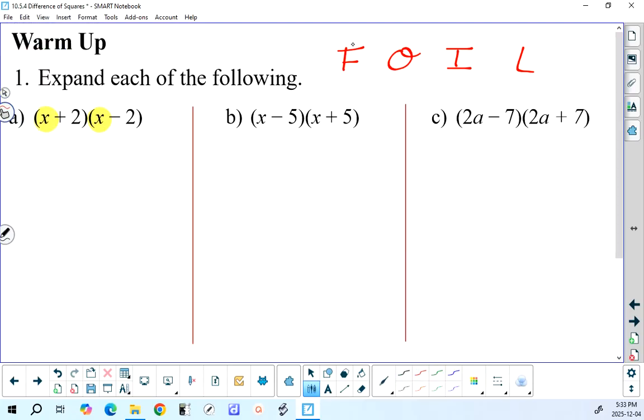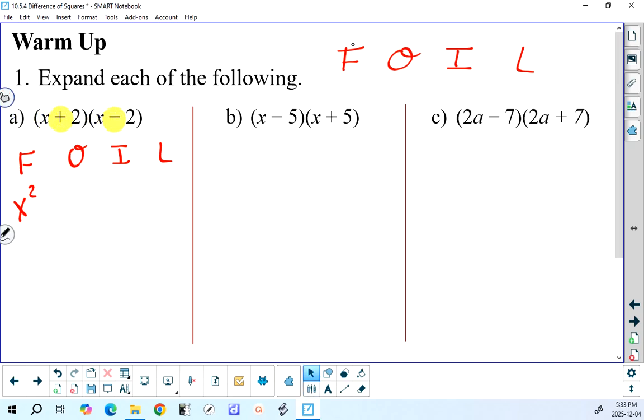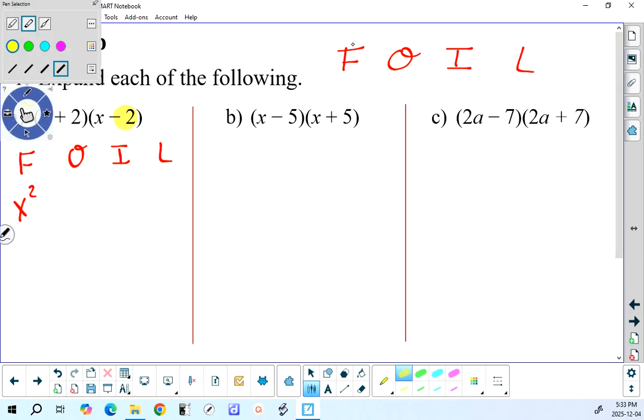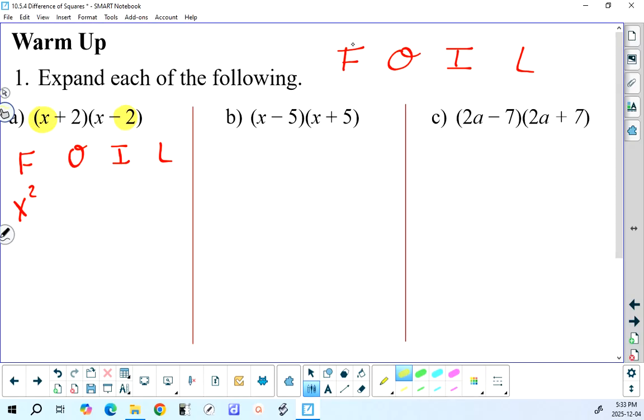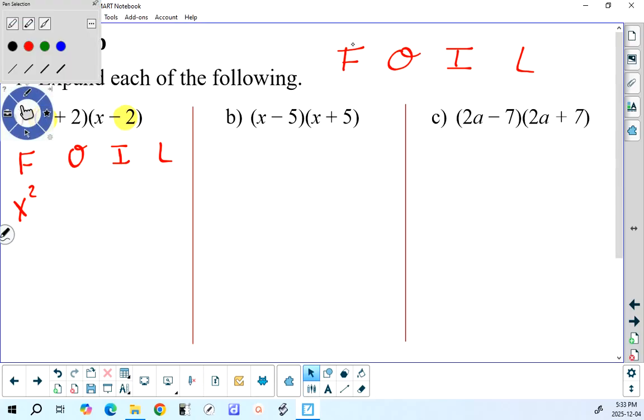When we talk about first, that's the x times the x, which will be x squared. When we talk about outer, it's going to be the product of these two, which is x multiplied by negative 2.